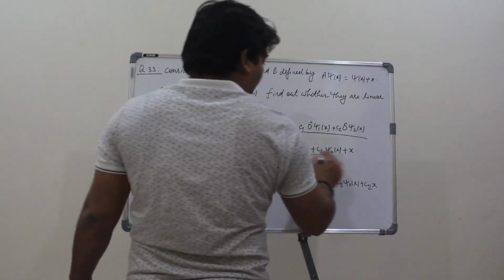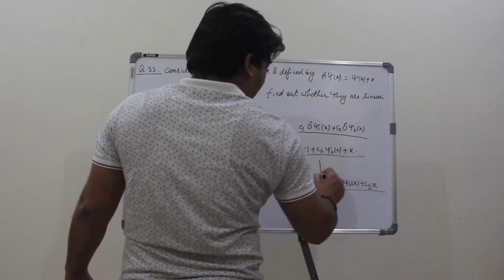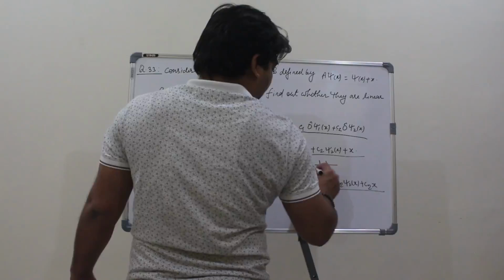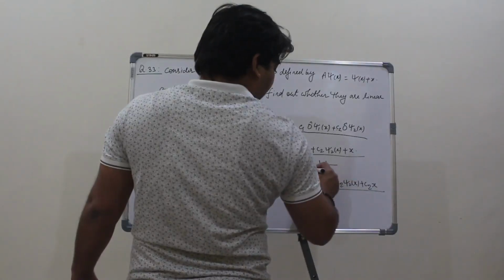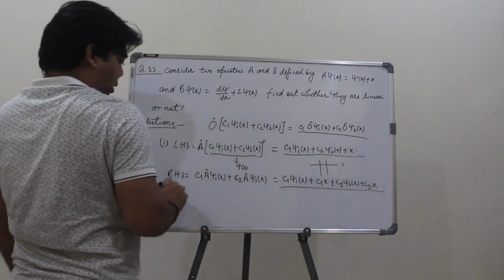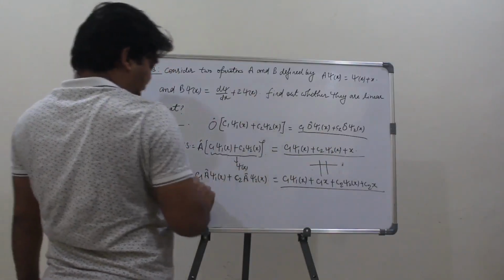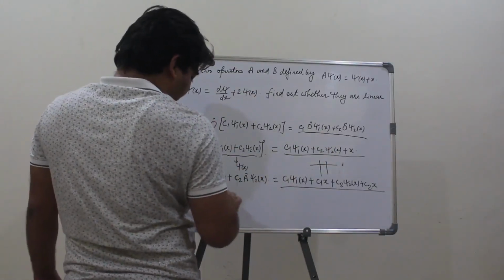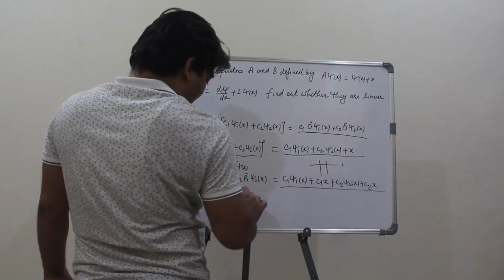Now you can see the LHS and RHS are not equal to each other. It means that A is not a linear operator.